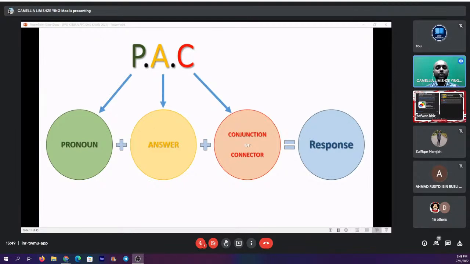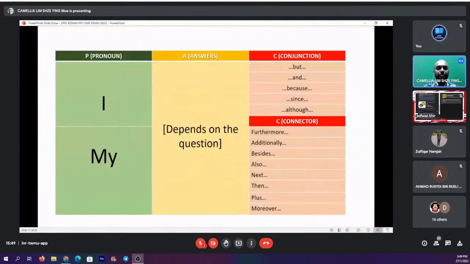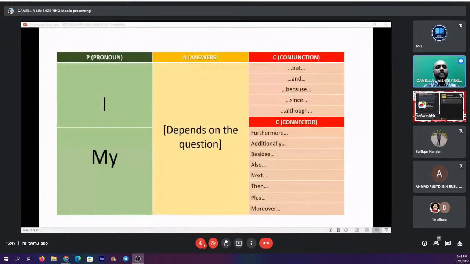Okay, teachers, now let's look at some examples of the types of pronouns, conjunctions, and connectors that students need in order to construct a proper response for the questions in part 1. Right, so for the P or pronouns, teachers, I propose we just simply teach pupils to always start their responses with either I or my.